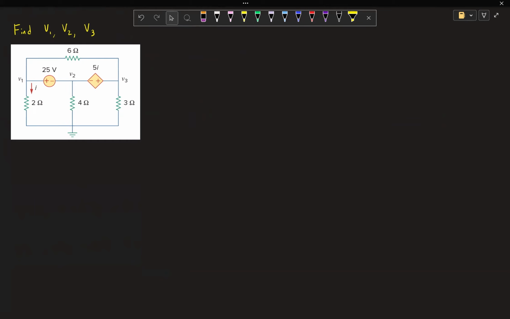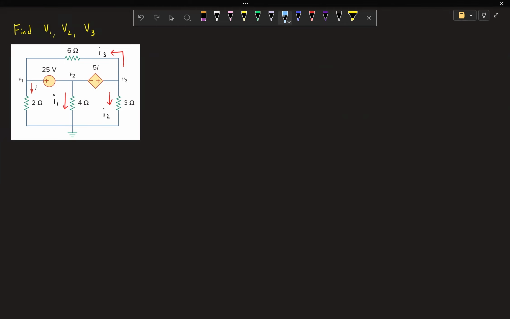So here we want to solve for V1, V2, and V3. So first we're going to define our currents as always. And now we're going to notice that we have two voltage sources between nodal voltages. And this is obviously a case 2, but it's two case 2s right next to each other.